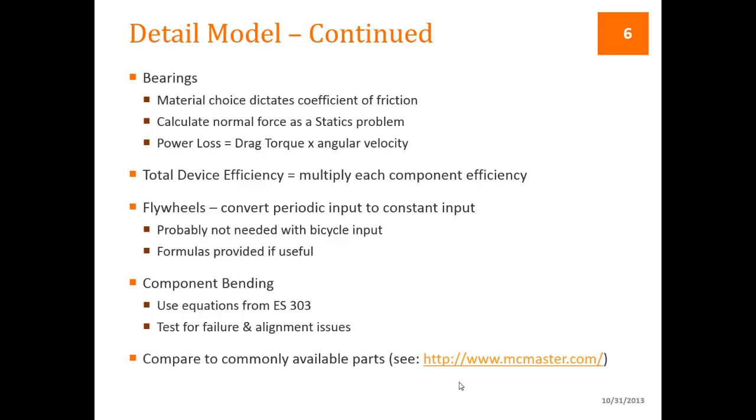So if you take a look at McMaster-Carr, at McMaster.com, this is an online store that sells a lot of components of various different types. And so it'll give you an idea of what standard sizes are, both in the metric system and in the US standard system.